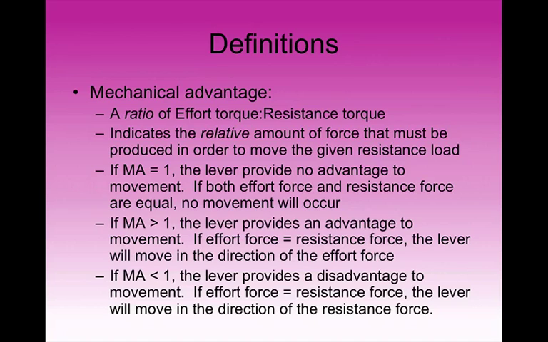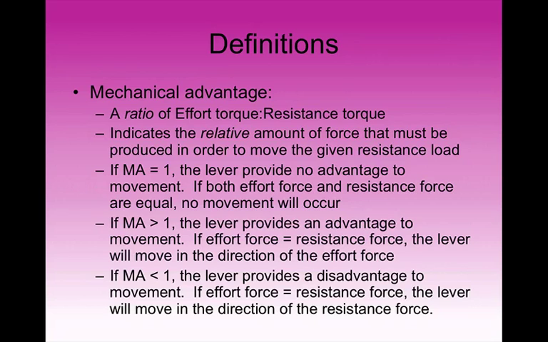So if you can produce X amount of force, you get no added advantage, you get no extra force, you get no multiplier to that force if your lever has a mechanical advantage of 1. If your mechanical advantage is greater than 1, then you only have to produce a fraction of the force necessary to move the resistance, because in essence, you multiply your force by your mechanical advantage to give yourself your torque.